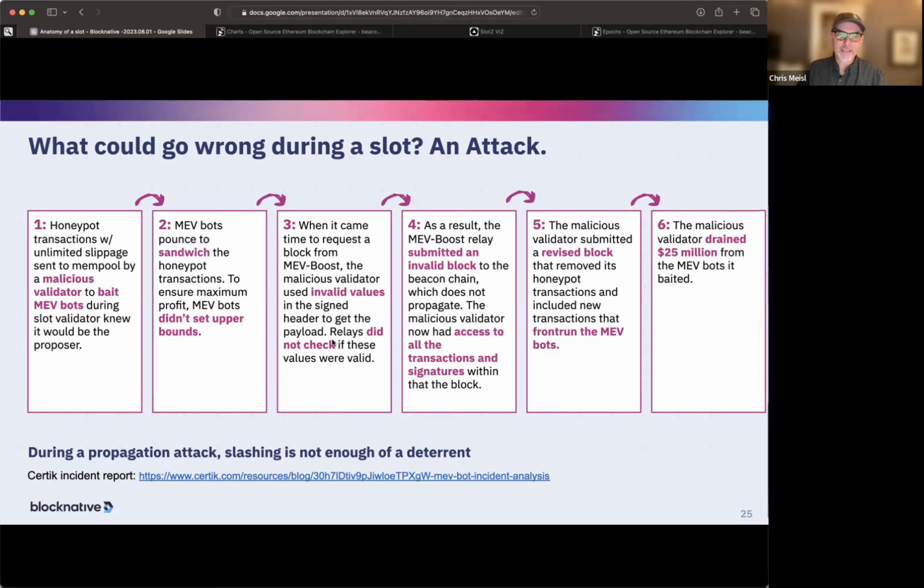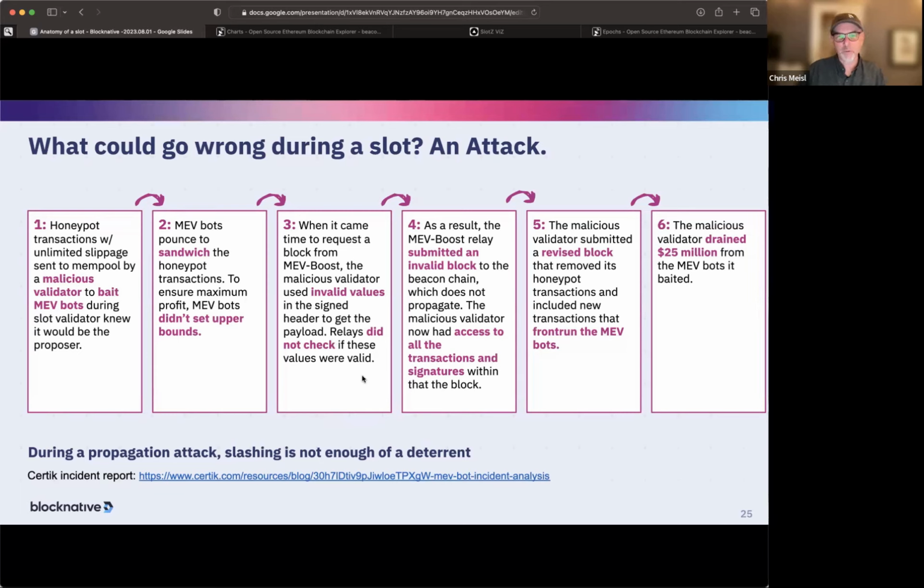Because the bid was signed, the relays then delivered the block to that validator, as they're supposed to. And they did that before actually propagating the block, and therefore verifying that the signature was okay. The signature was not quite okay, so it failed that check, and so it didn't propagate.